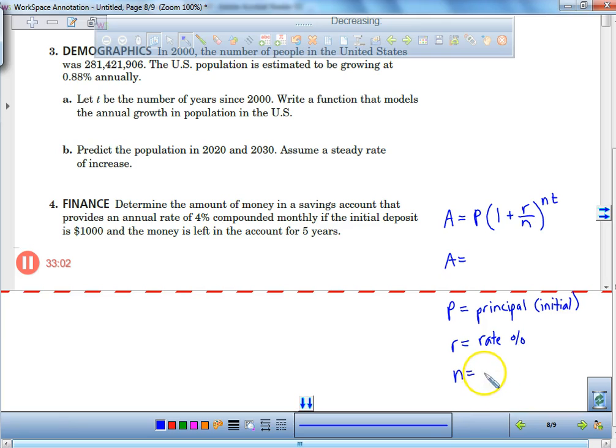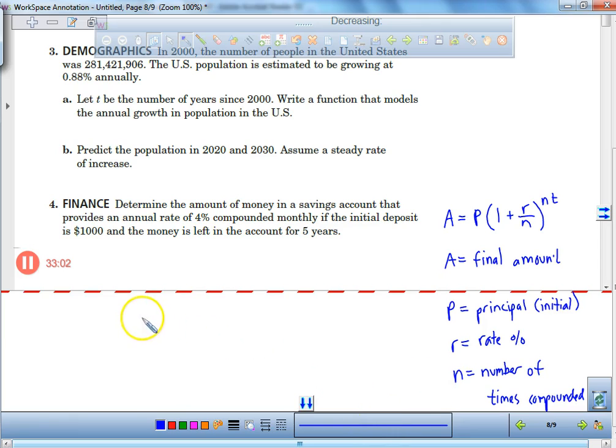N represents the number of times it's compounded. And A represents the final amount, like what the final amount would be. By the way, this formula is one of the formulas that I've given you. It's the compound interest formula.